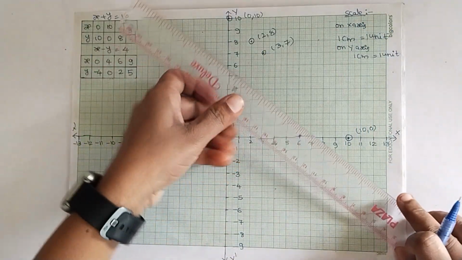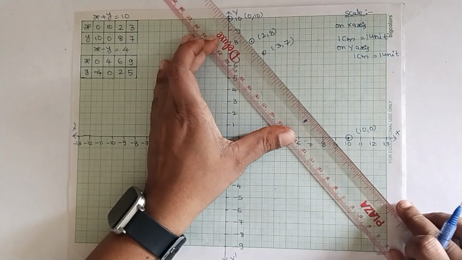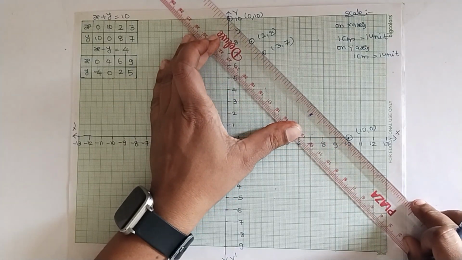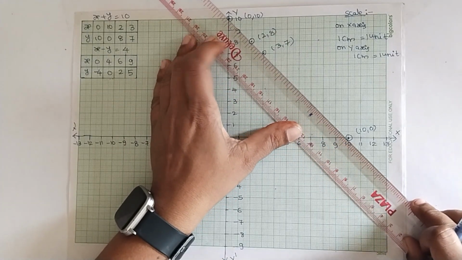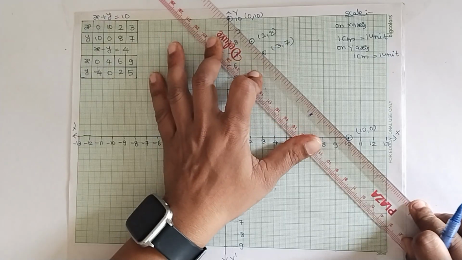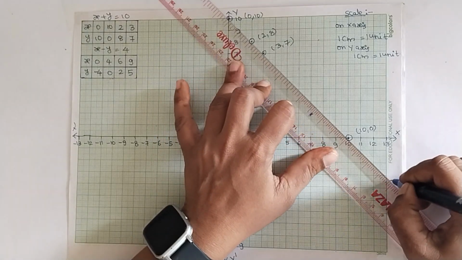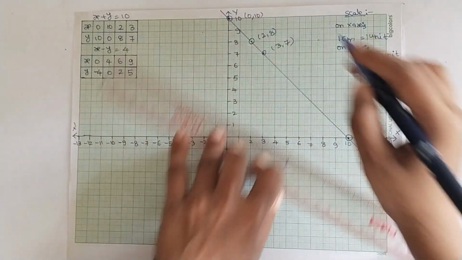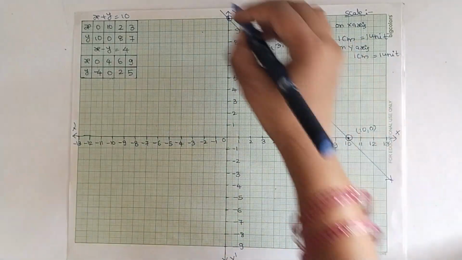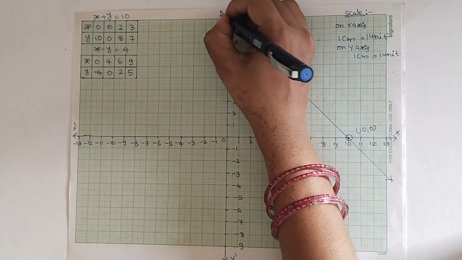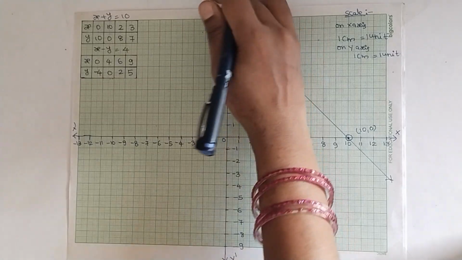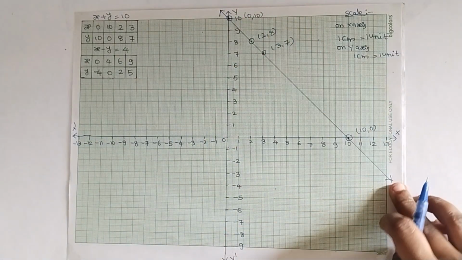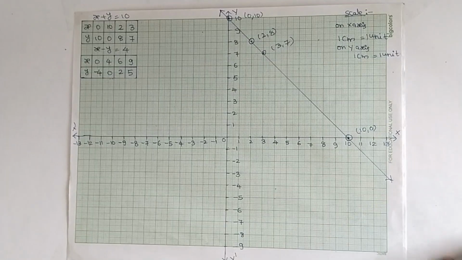Now, we have to join all these 4 points and draw a line here. As it is a line, you have to show the end points with arrows, because the line can be extended from both sides.